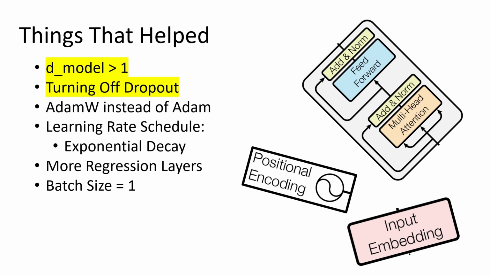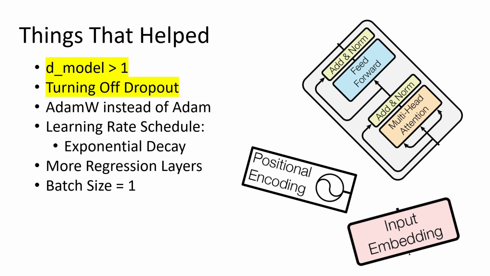This does not work. The way that the PyTorch transformers are implemented, they expect an embedding dimension, and if you set that embedding dimension to 1, they don't perform as expected. And so that's why the input embedding is absolutely necessary, even for this float valued data in the time series, so that we can have a model dimension that's greater than 1.